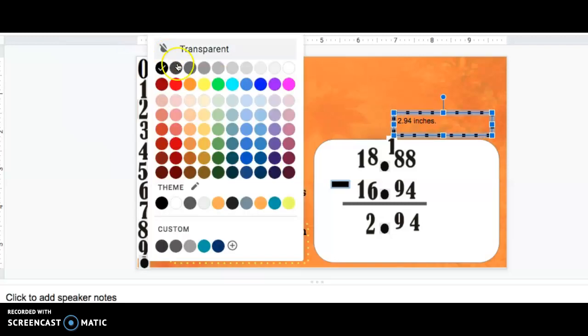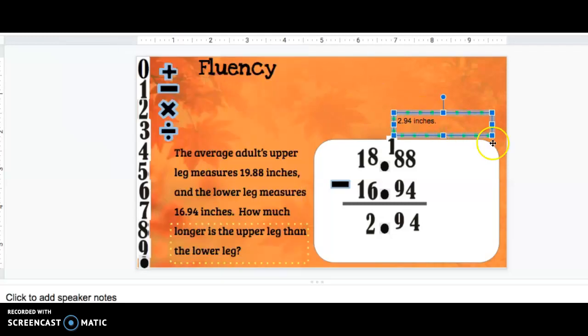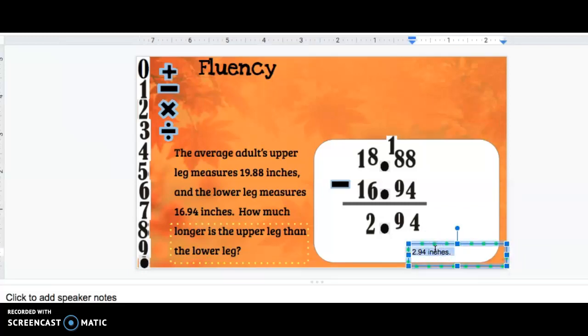And we will make it green. So I will put this down in this corner so you know to put your answer in this green box, okay? It's going to say insert answer here, but you're going to insert your 2 and 94 hundredth inches there, okay?